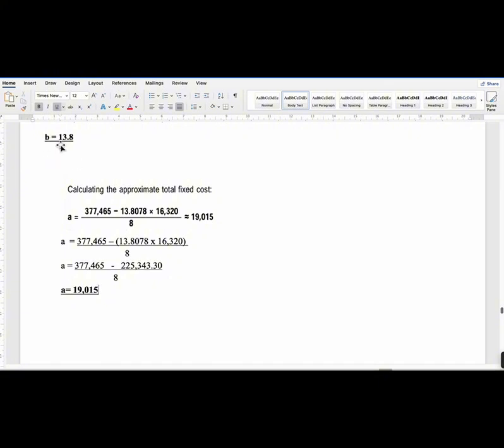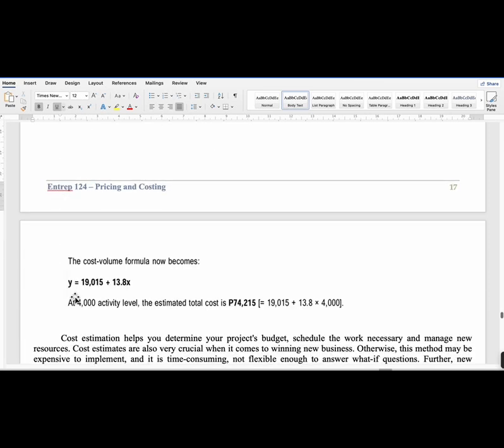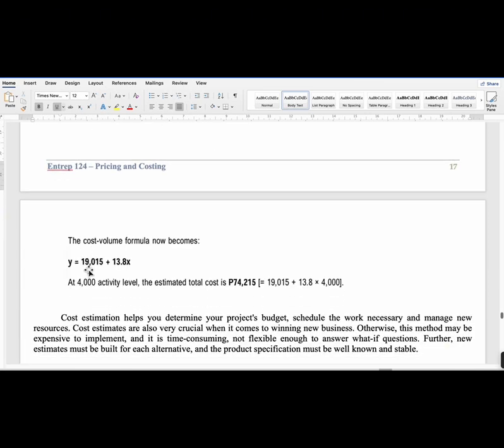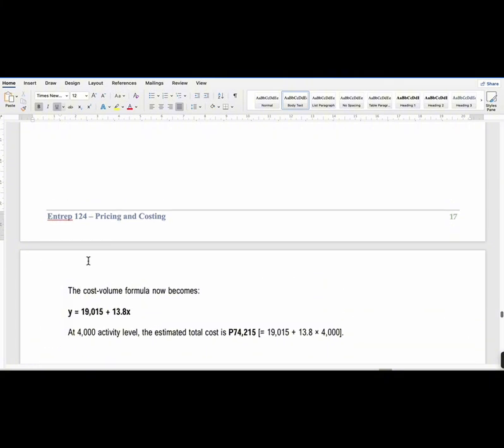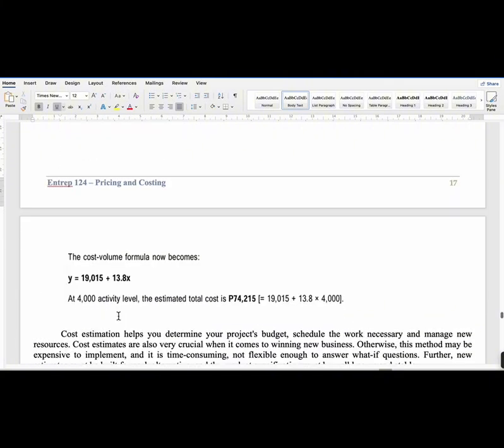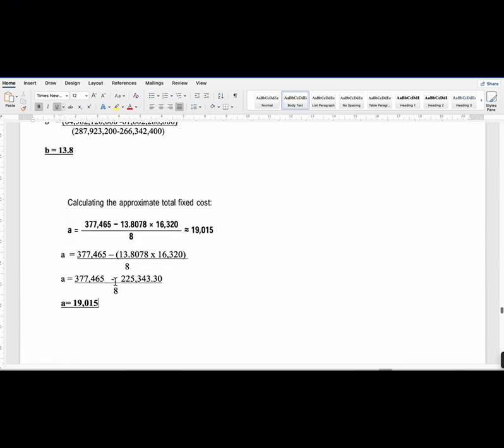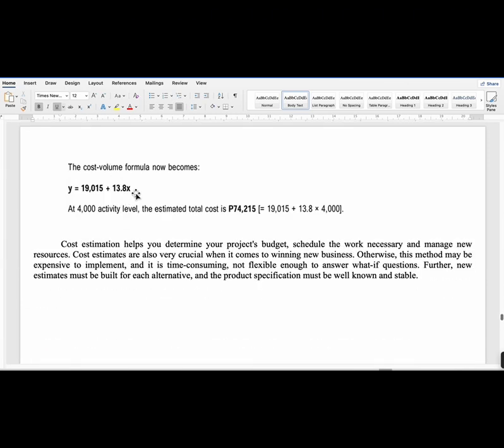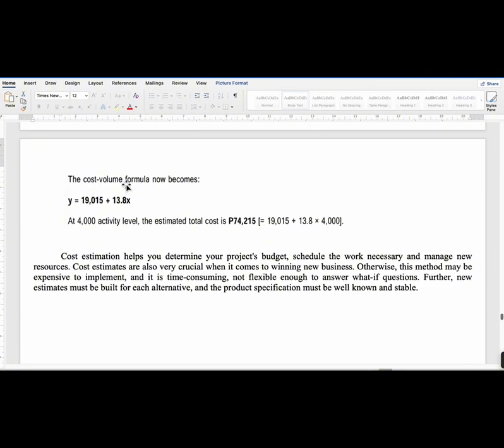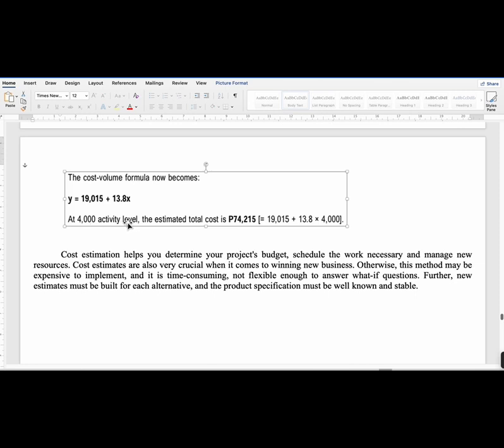Okay, so what's next? Since we have B, which is our variable, plus the fixed cost, we have to fill in the formula. Y equals A plus B, then X. What is X? X is our activity level, which is given in the problem.